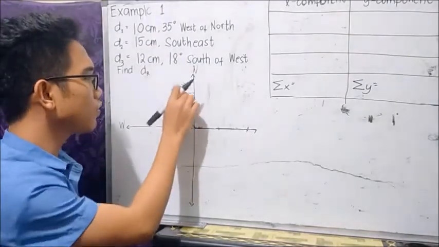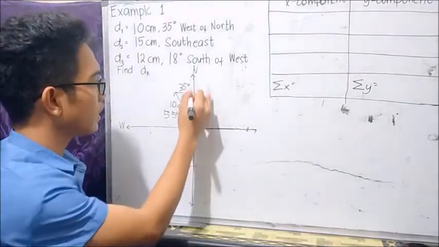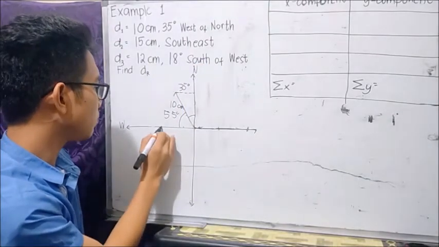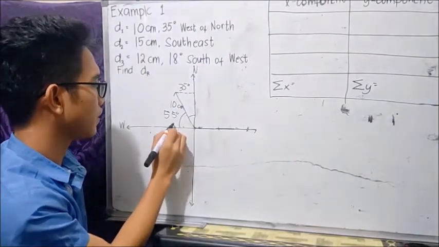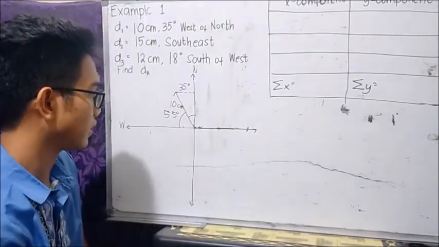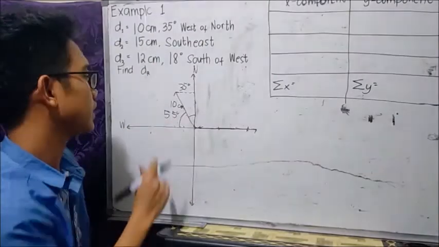So why are we going to use this one? We cannot use this 35 degrees since it is from the north. So our angle should always begin on the x-axis. So it is equal to 55 degrees.